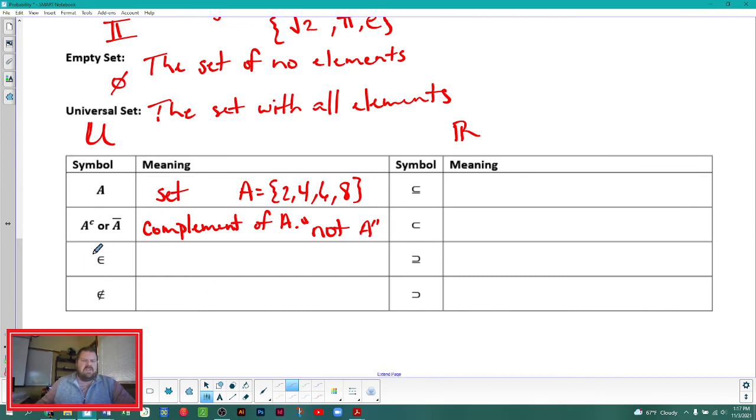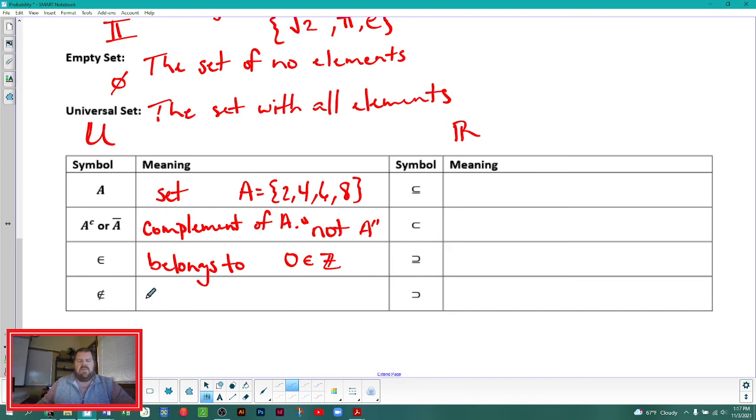Okay, here's the symbol again. It means belongs to, or is an element of. That's another way you could say it, that this is an element of. And so kind of an example, we might say 0 is an element of the integers. Okay.